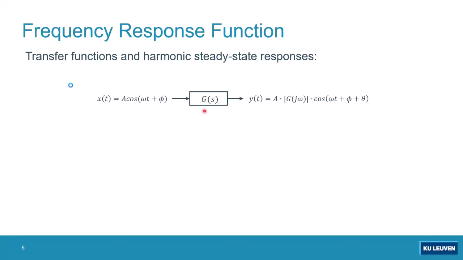If to this system a harmonic input is given with the amplitude of A and the frequency of omega, by just looking at the frequency response function at that particular omega, we can find the magnitude of G j omega, which will tell us how the amplitude will be magnified, and the angle of G j omega, represented by theta here, will tell us how the response will be shifted with respect to the input that is given to the system.